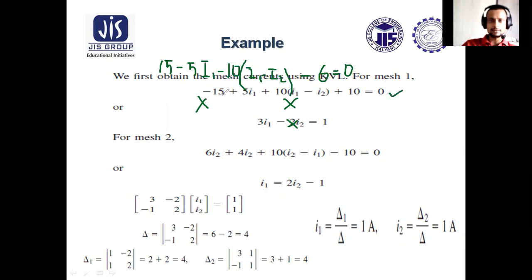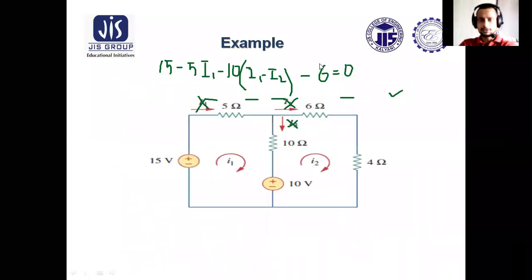But it can also be written as minus 15 plus 5I1 plus 10 times I1 minus I2 plus 6.